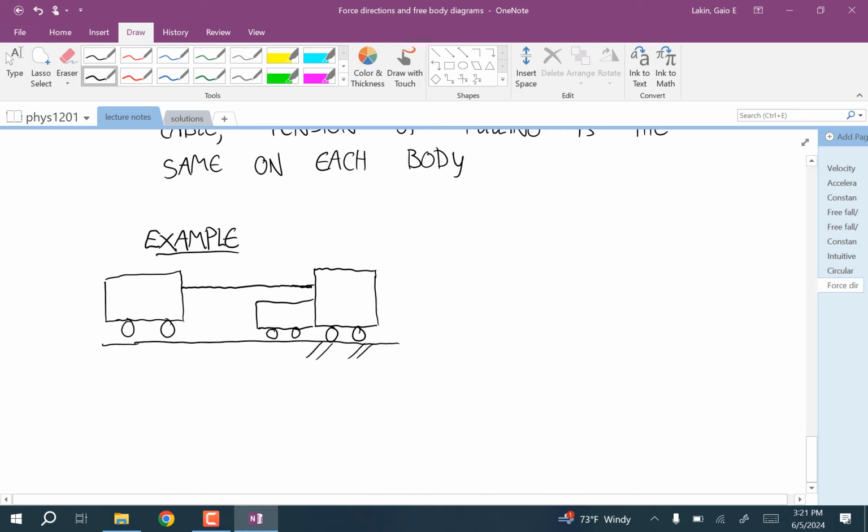And I'll give masses to all of these. Let's say this is 30 kilograms, this is 5 kilograms, and this is 20 kilograms.